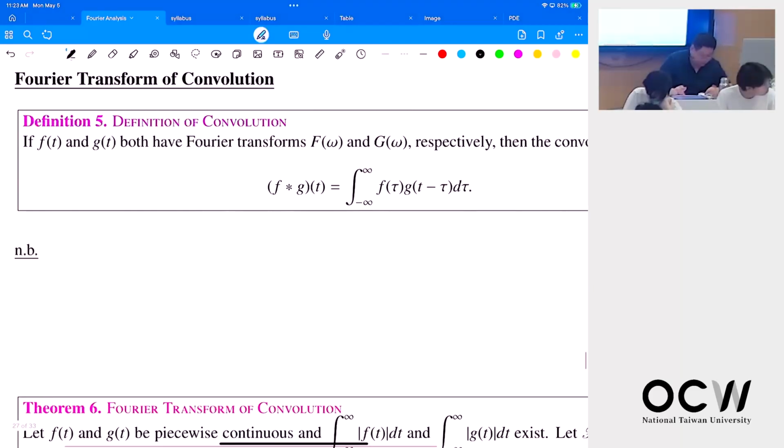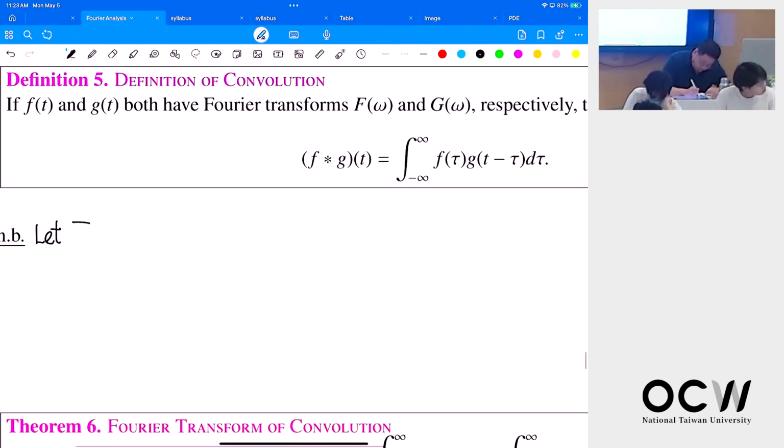By this definition, let's just change variables: t minus tau equals tau bar, so tau will be t minus tau bar.